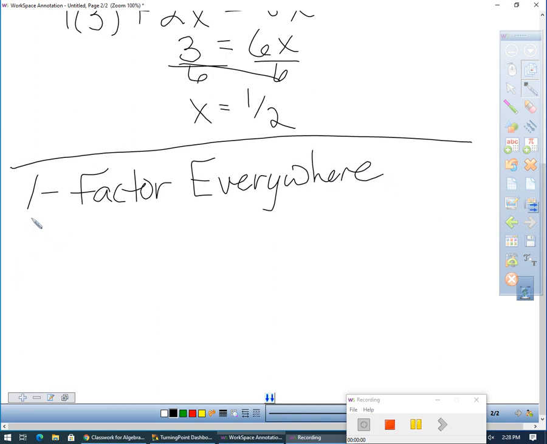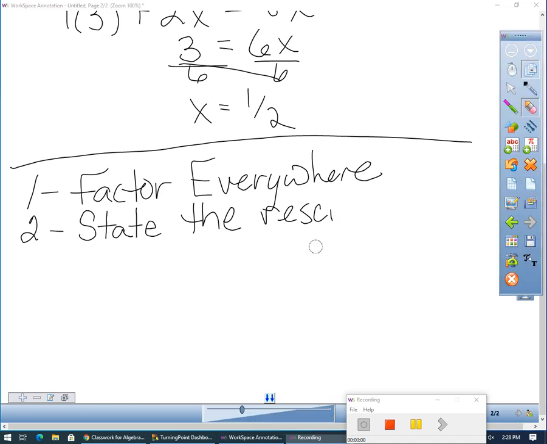Any guesses on step 2? What do we always do after we factor? State the restrictions. Thank you. State the restrictions.